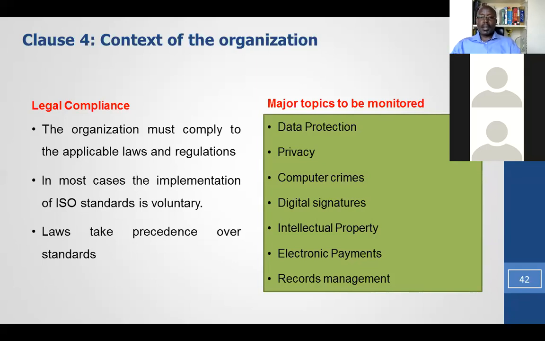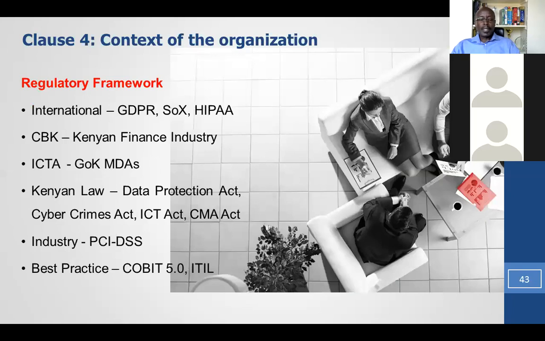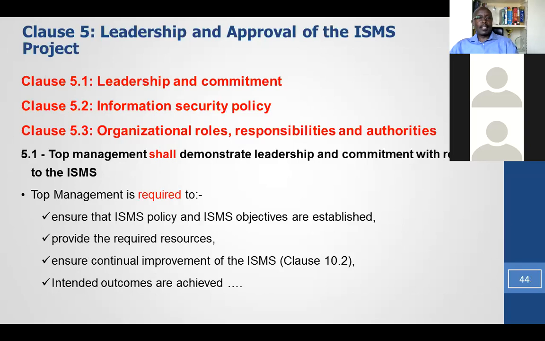Banks are normally regulated by this. And out of all that, you're able to see that that forms the context of your organization, which gives you even more reason why you need to implement the standard. Others would be regulatory frameworks, like industry best practices and regulatory frameworks that you can find in other places.